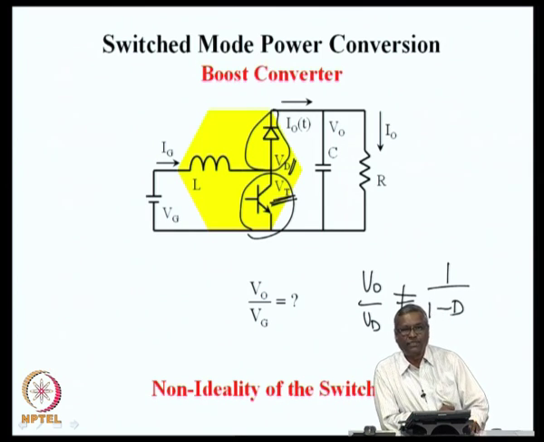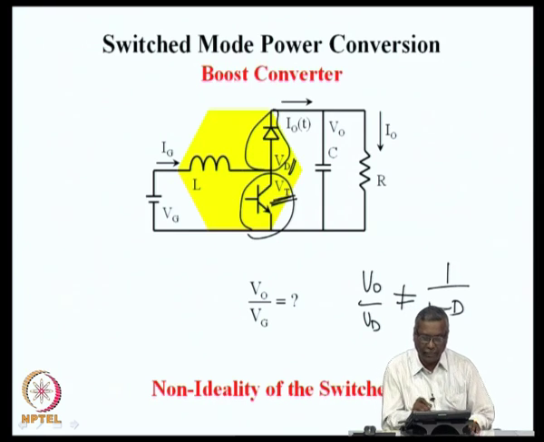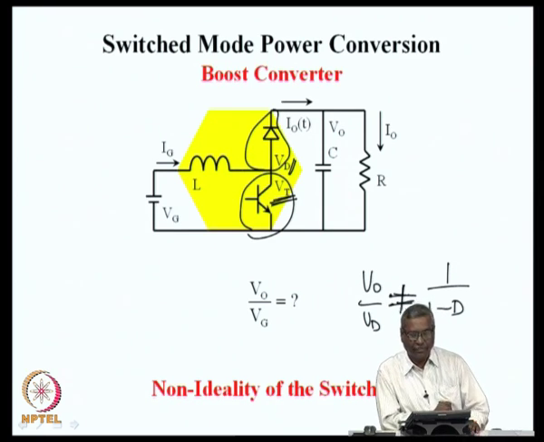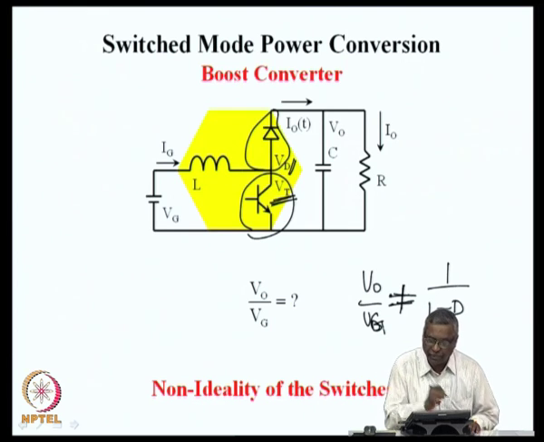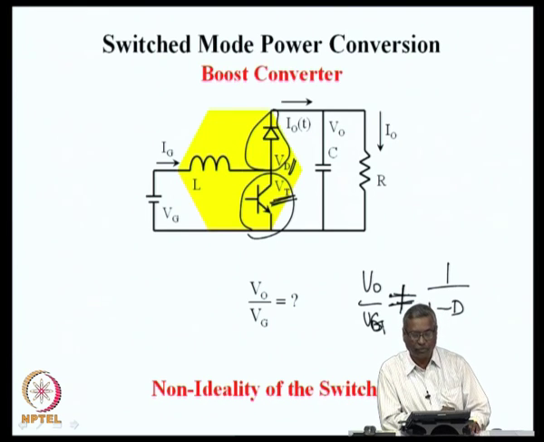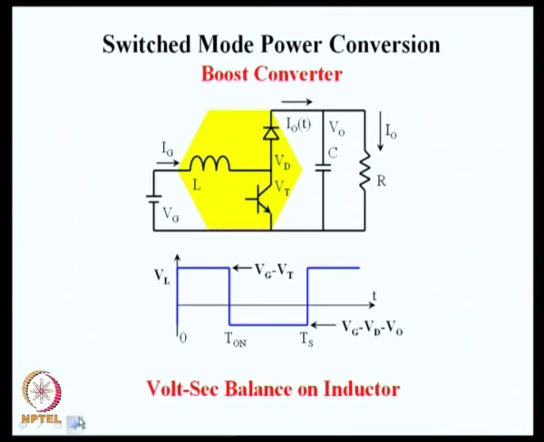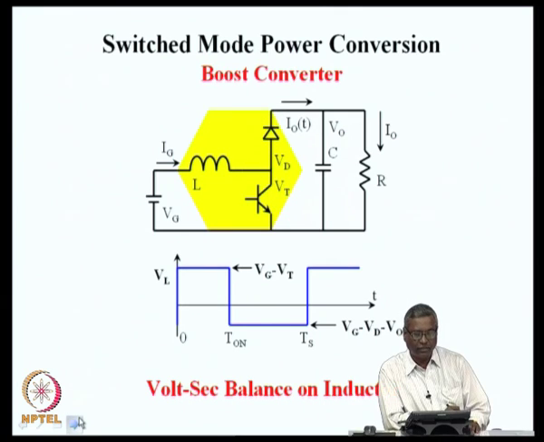Ideally, V naught by Vg has to be 1 by 1 minus d, but because of the non-ideality in the switch, V naught by Vg will not be equal to 1 by 1 minus d, and we would like to find out what this effect is, to what extent we will not get the ideal performance, and by how much we will be away from the ideal performance.